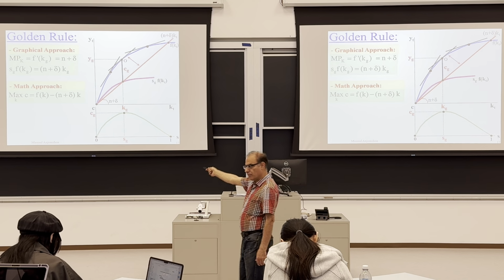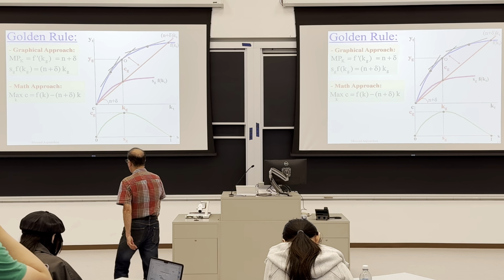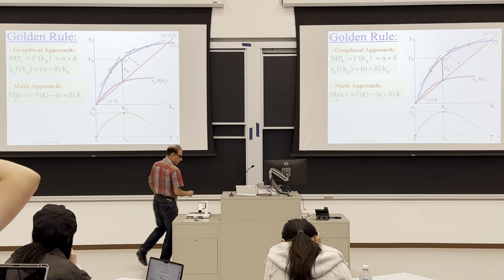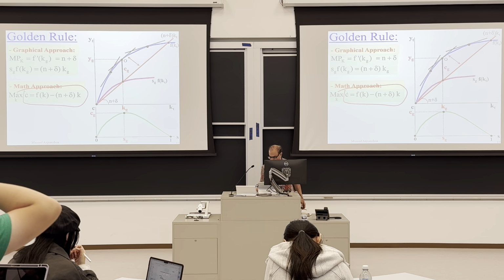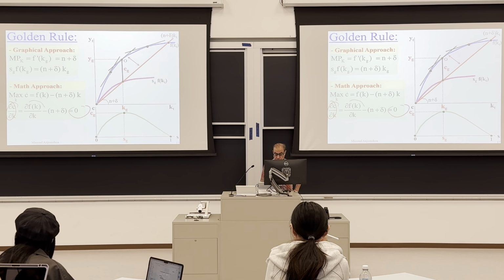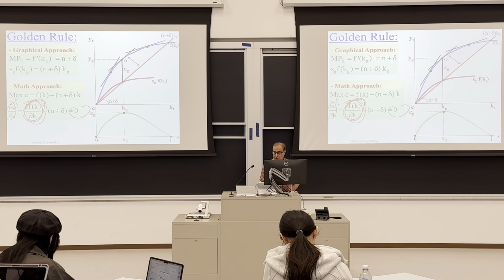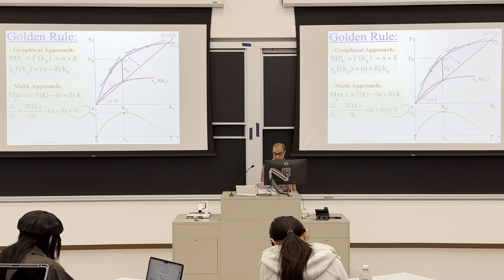We need to take the derivative of the consumption function and set it equal to 0. So this would be the derivative of the production function with respect to K. The derivative of this part with respect to K is n plus delta.